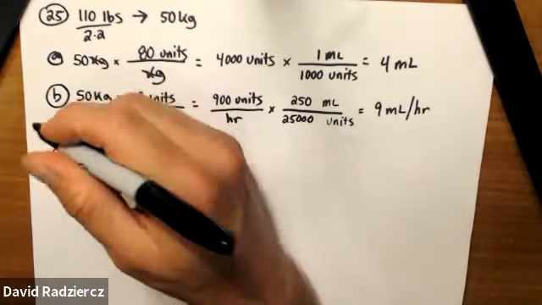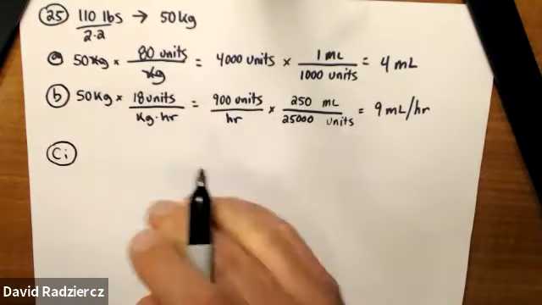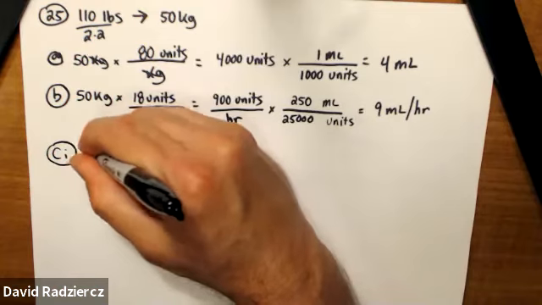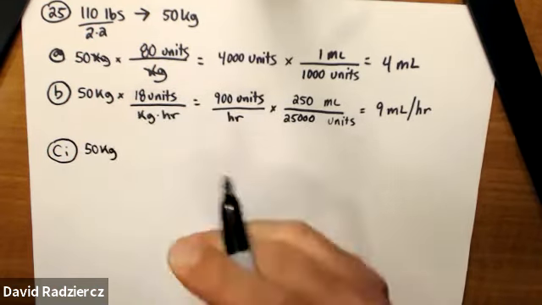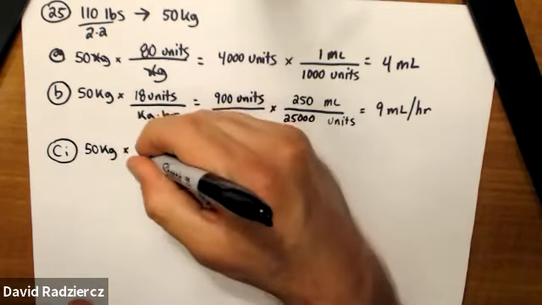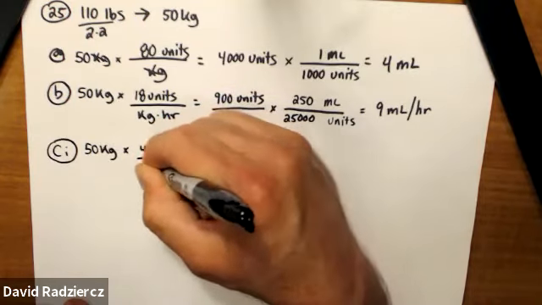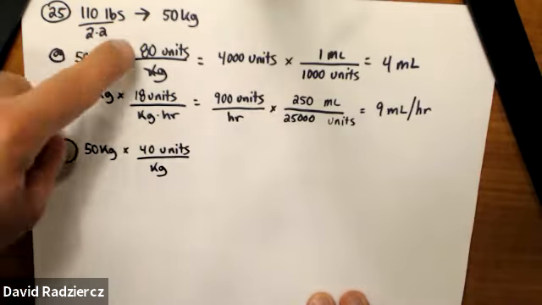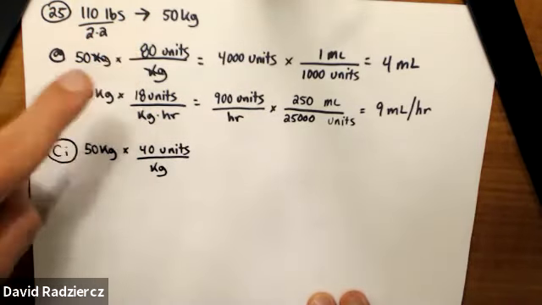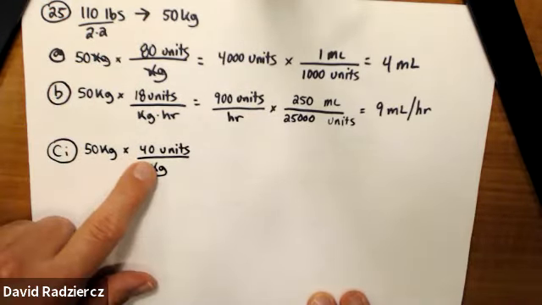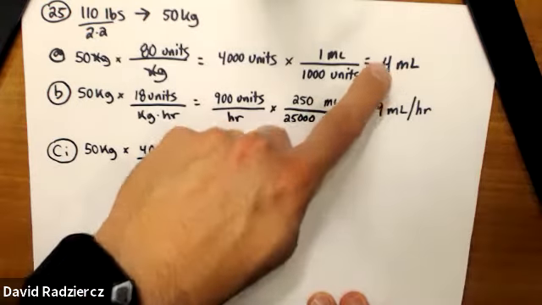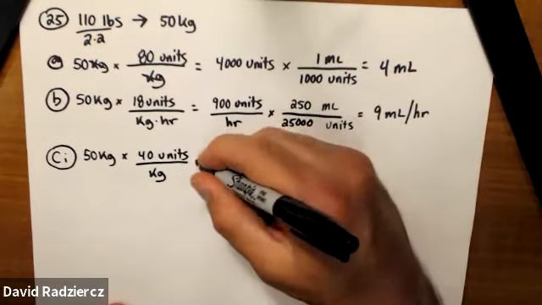So see part 1. Same patient weight, right? Same 50K patient. But this time, the new bolus is 40 units per kilogram. Now you may be saying, well, isn't that half of 80? Yeah, it's half of 80. So you probably can assume that it's going to be half, but let's work it out just to be on the safe side.